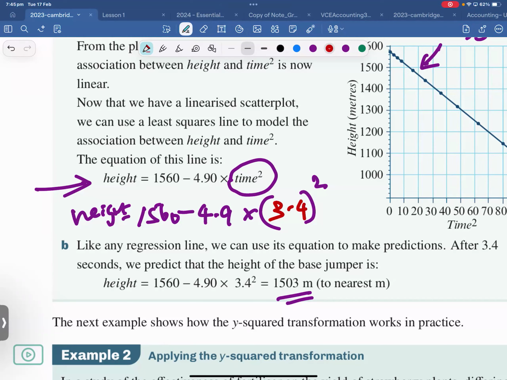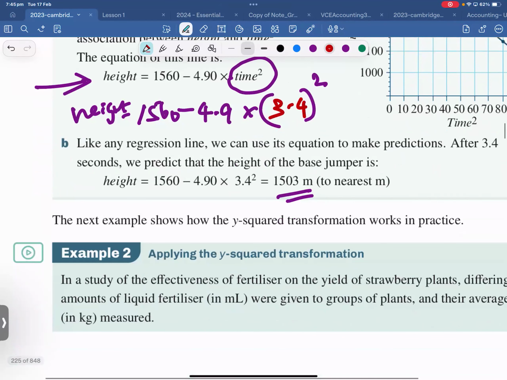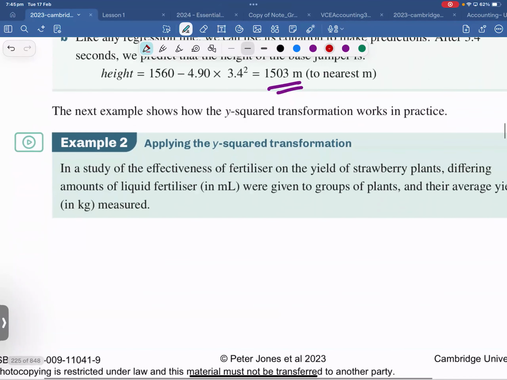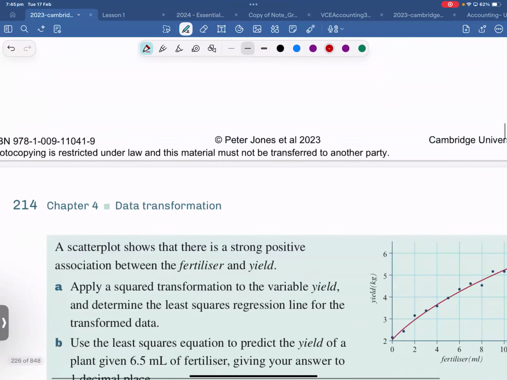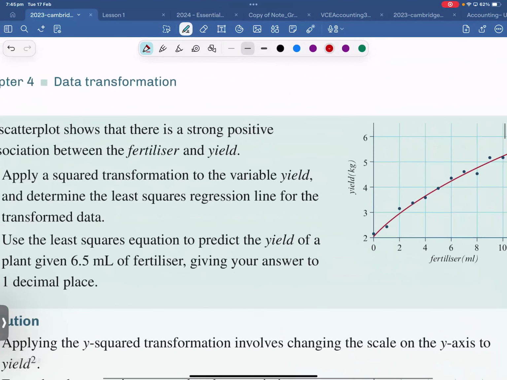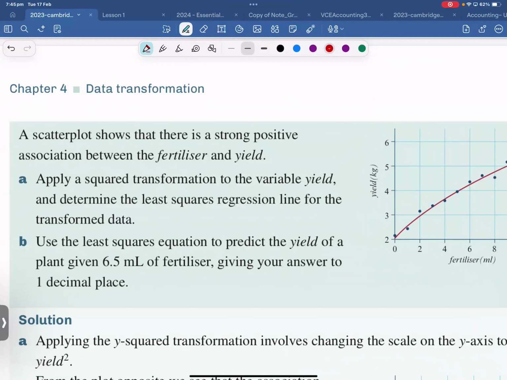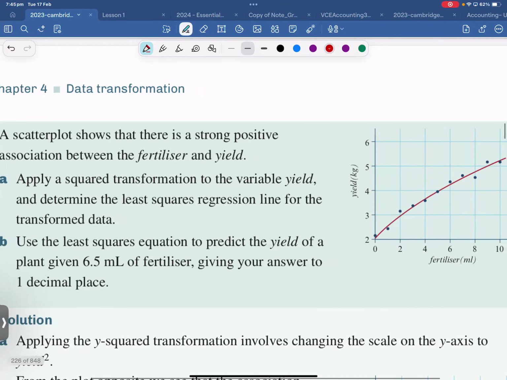Okay, Maha? Okay, and Sandil, you guys okay? Right. Then we'll go through example 2, guys. Now look at this one. The scatter plot shows that there is a strong positive association between the fertilizer and the yield. So fertilizer use and the harvest, that's positive. Of course, it should be positive association.